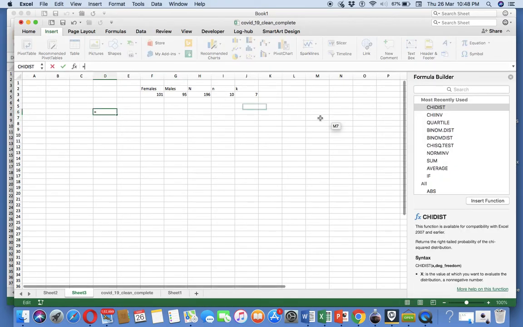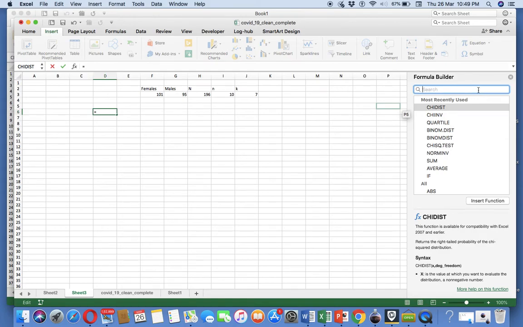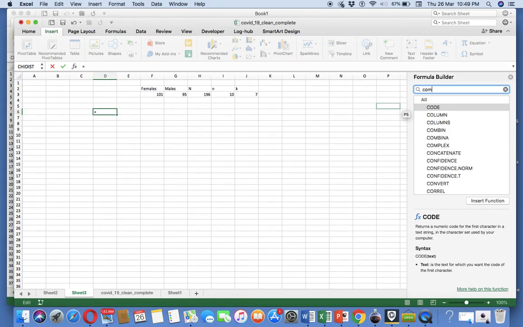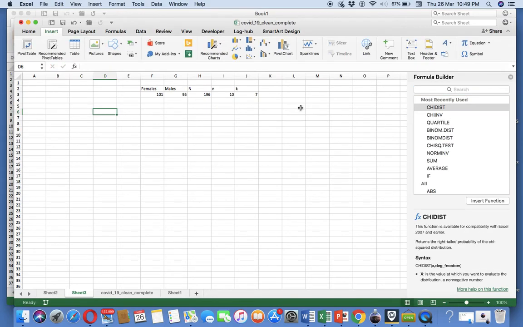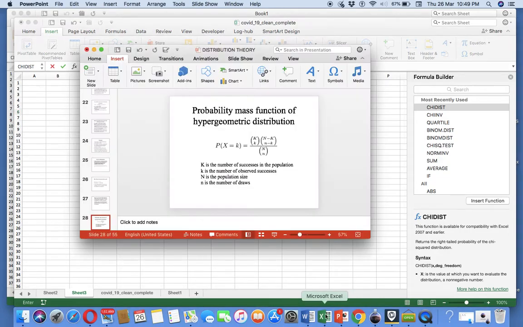I can just go over here and type combin. Yeah, the word is combin. So first I'll make it, equal to COMBIN, open a bracket. So my first combination, as you can see over here, is K C k.